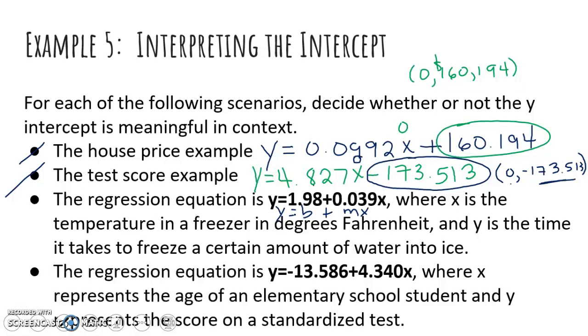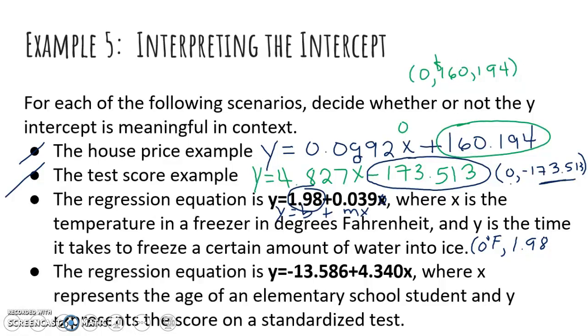So 1.98 is your y-intercept when the x is 0. So what we're saying here is that when the freezer temperature is 0 degrees Fahrenheit, and that makes sense, you can be 0 degrees Fahrenheit, the time it will take the amount of water to freeze is 1.98.